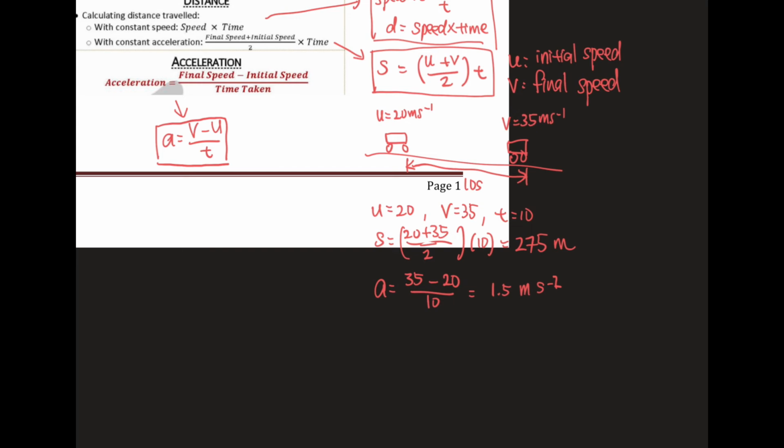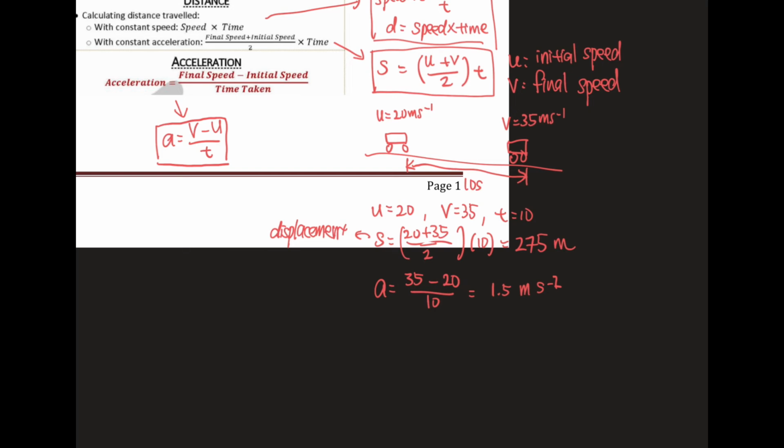The first one is the speed. I mean, initial speed. No, I mean the s equals to 20 plus 35 over 2. When I use s, actually this is displacement. So speed is also s, right?